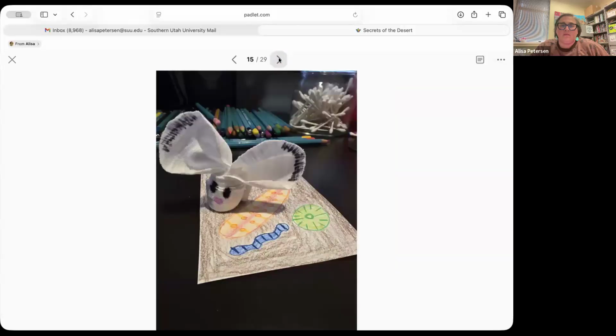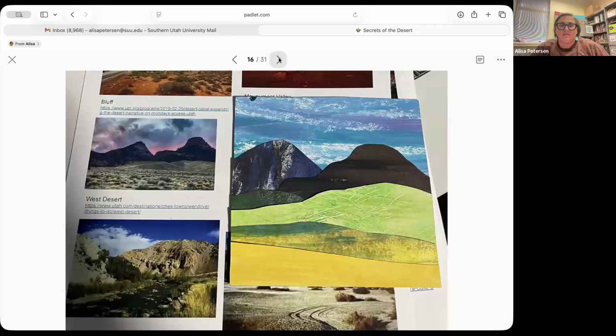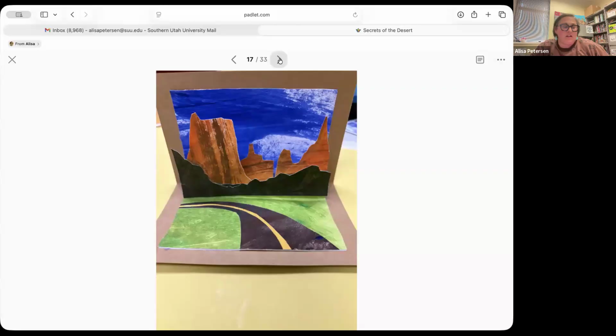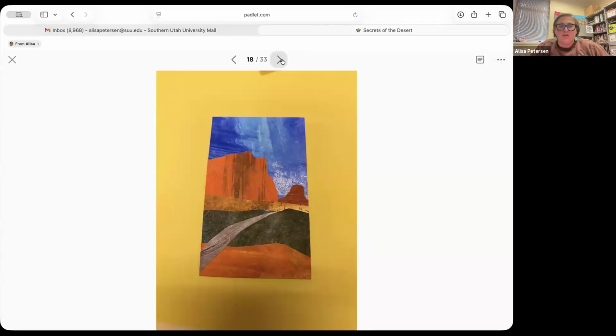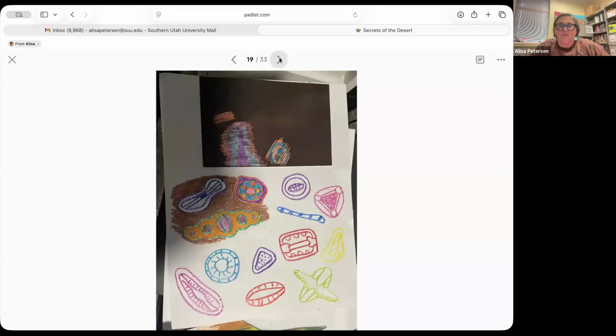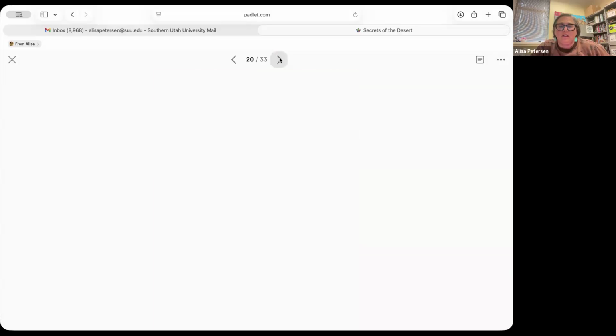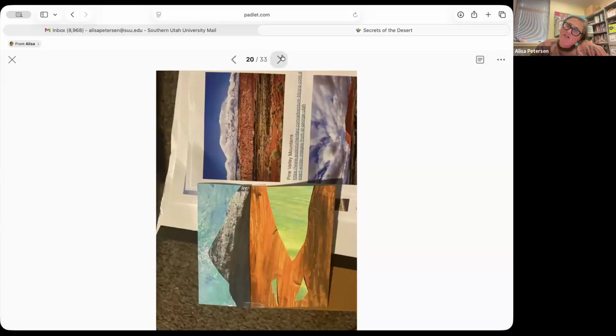Awesome. This is a good collection of multiple projects. Beautiful. Look, we can see this is the West Desert image here. Oh, this is the pop-up card that I made and how I finished the piece that I started together with you.